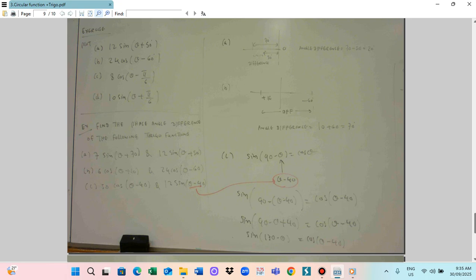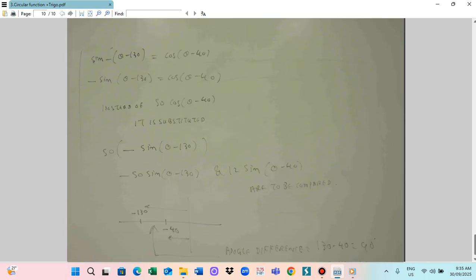So that will be sine of the angle 130 minus theta, sine 130 minus theta, equal to cos theta minus 40.